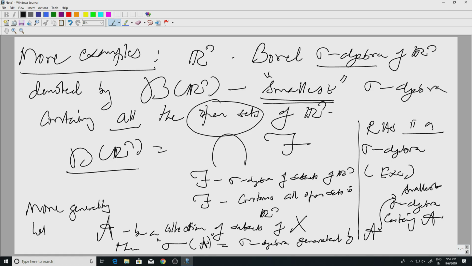We will denote it by B of Rn, that is the standard notation for the Borel sigma algebra of Rn.